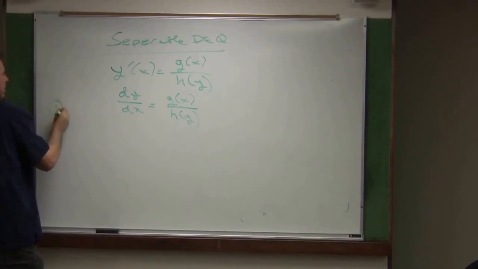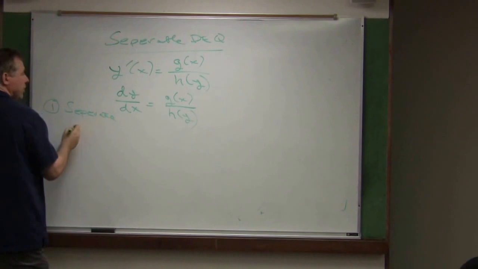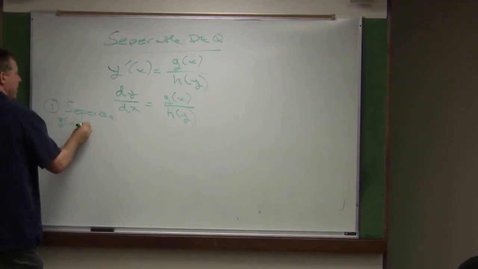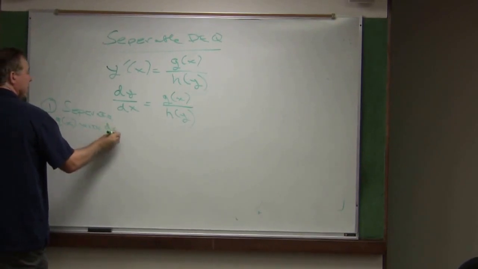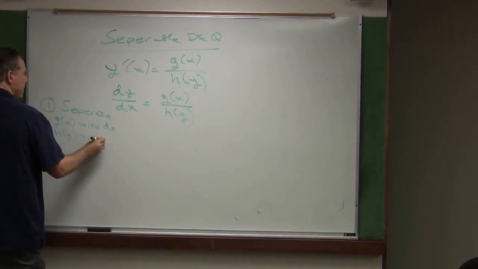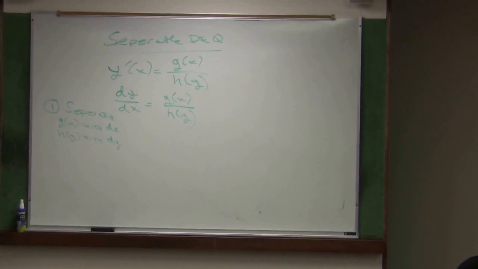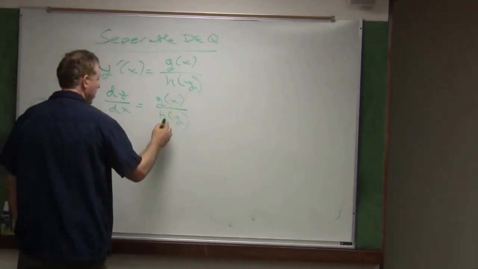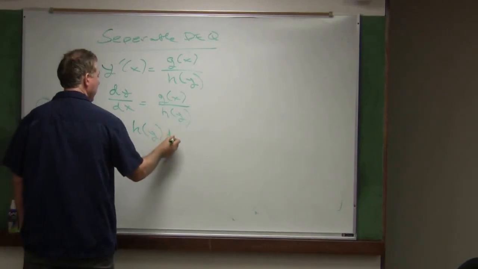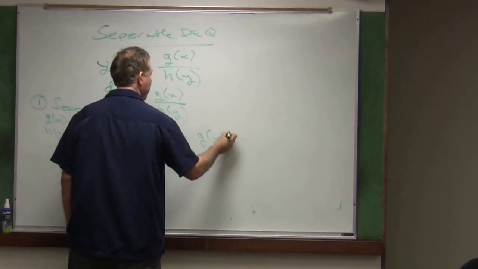You are then going to separate. In other words, you're going to get the g of x with the dx, and you're going to get the h of y with the dy. So you have to get all the y's and dy's on one side and all the x's and dx on the other side. It looks like you're crisscrossing, so you're going to do h of y dy is equal to g of x dx.